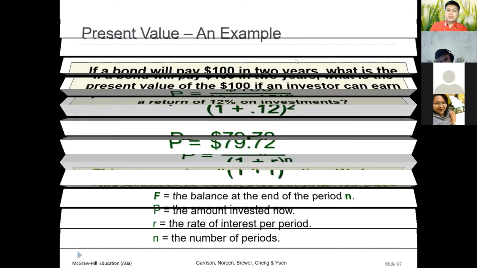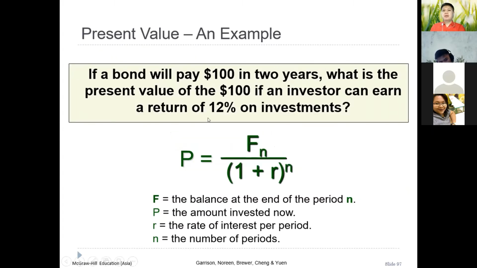So if a bond, this is now the example, if a bond will pay $100 in 2 years, what is the present value of the 100 if an investor can earn a return of 12% on investments? So let us identify again the variables. So F represents the balance at the end of the period.